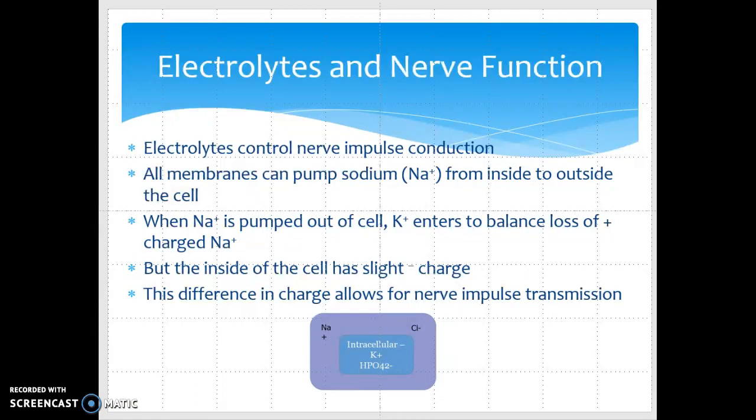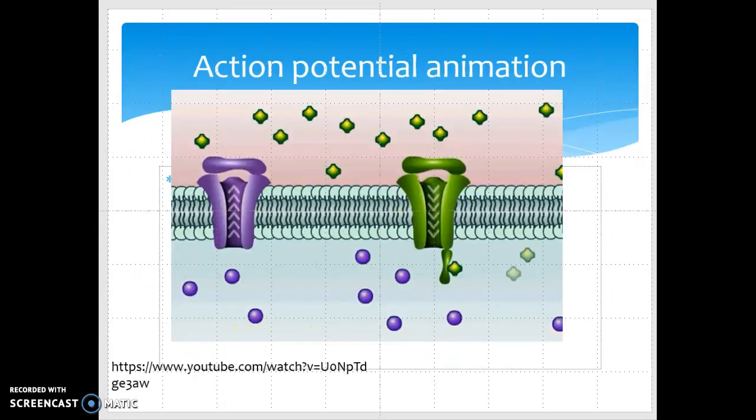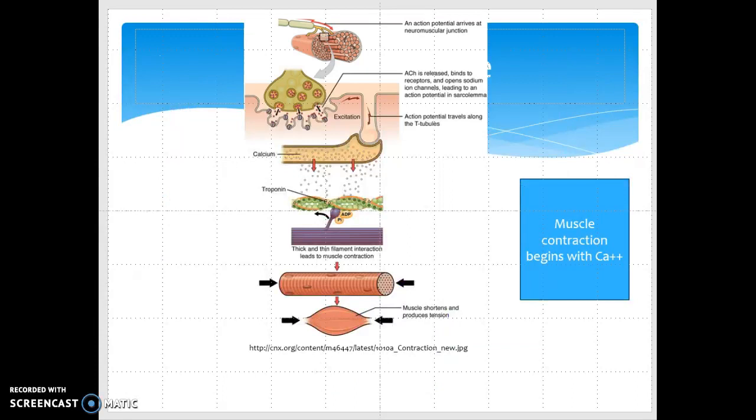And another thing we're looking at is the action potential. If you want to watch this little video, it shows it in action. And this too will show how a muscle has a contraction. So not just by our feelings and our nerves, but our muscles also have an action potential.